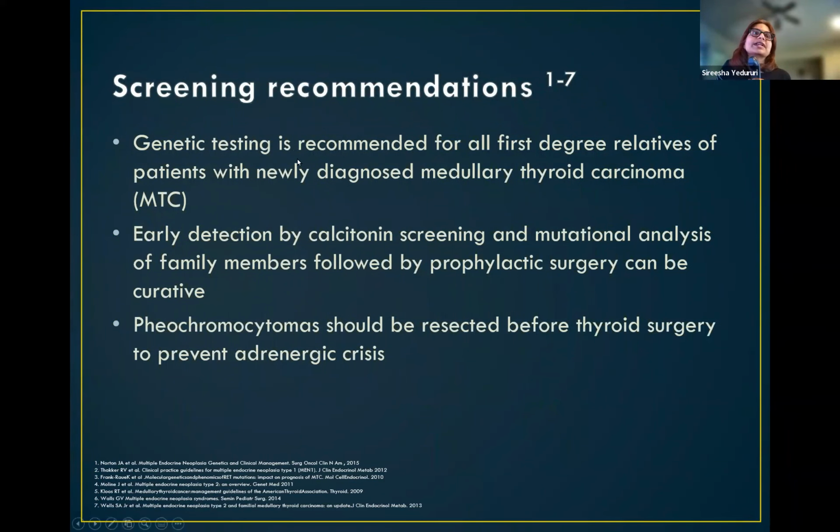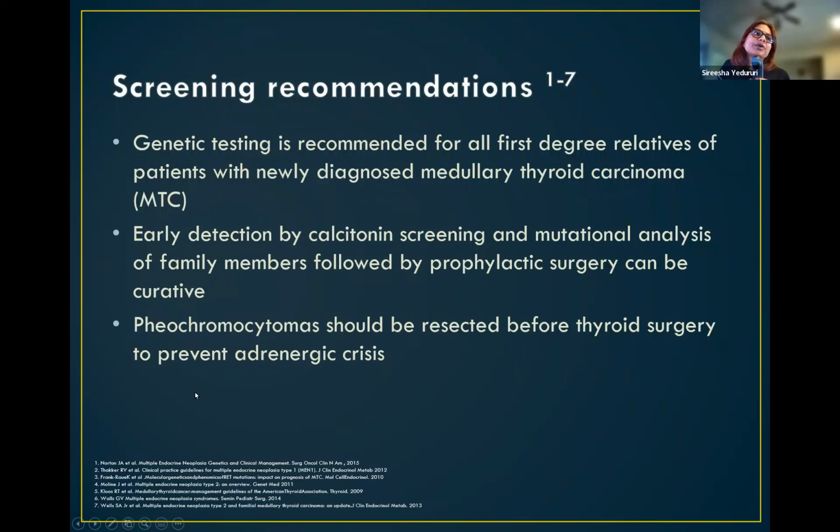So, screening recommendations. Genetic testing is recommended for all first-degree relatives of patients with newly diagnosed medullary thyroid carcinoma. Obviously all patients will also get genetic testing. Once the mutation is positive, you then have to screen calcitonin. Early detection by calcitonin screening and mutational analysis of family members, followed by prophylactic surgery, can be curative.